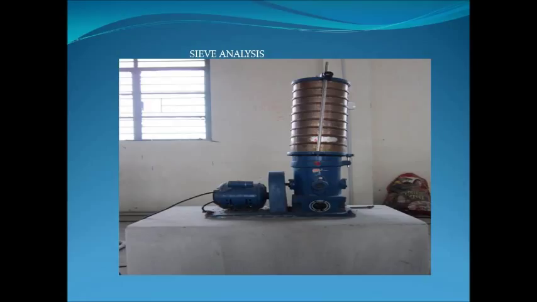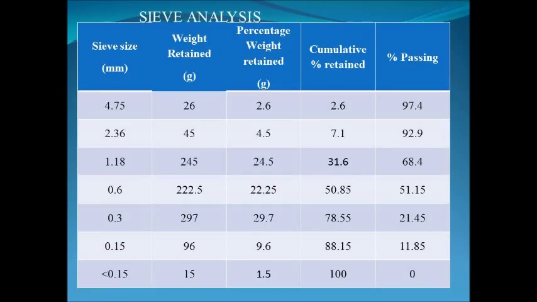It contains various sieves of 4.75 mm and then decreasing gradually down to 0.75 micron and the pan. This table shows the sieve analysis that we have got. The sieve sizes are 4.75, 2.36, 1.18, 0.6, 0.3, 0.15 and less than 0.15, with weight retained, percentage weight retained, cumulative percentage retained and percentage passing.